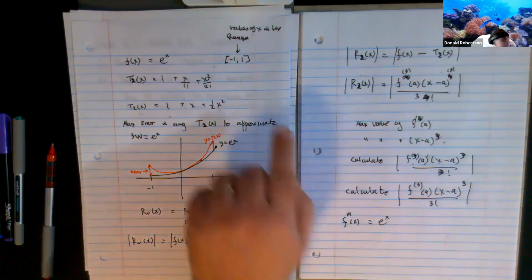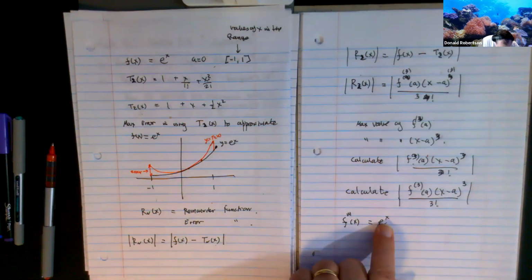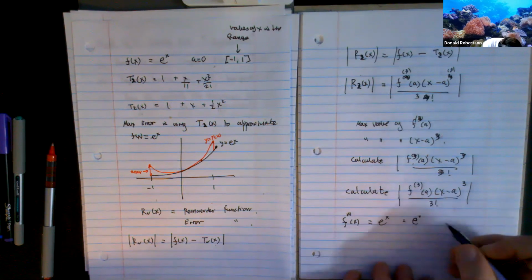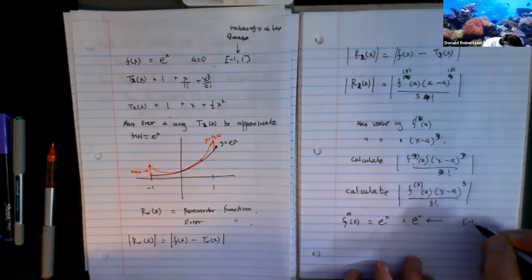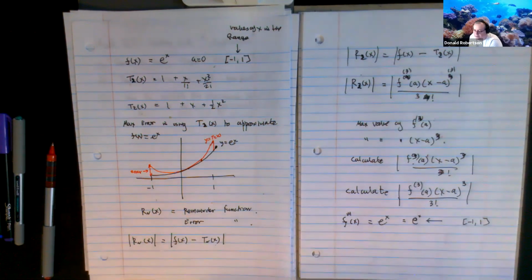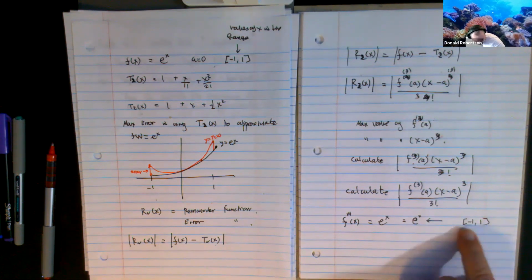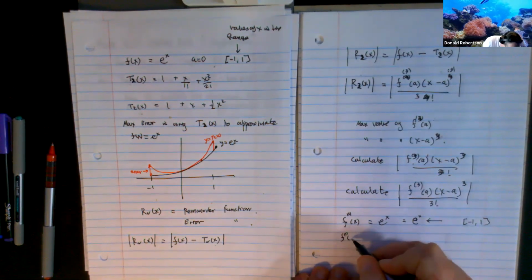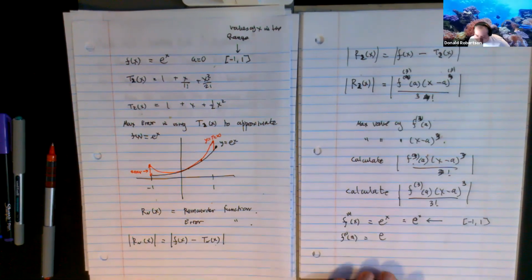Now, centered at 0, which I should have told you, this fella is e to the x. What's the maximum value when x is between -1 and 1? What's the biggest answer that e to the x will be if you use values of x in this range? E. Agreed. E to the power of 1, e.